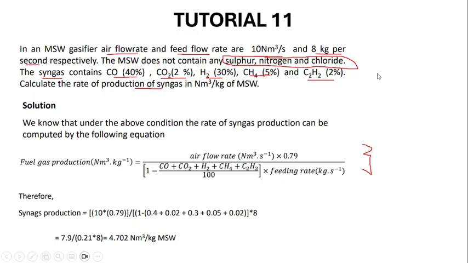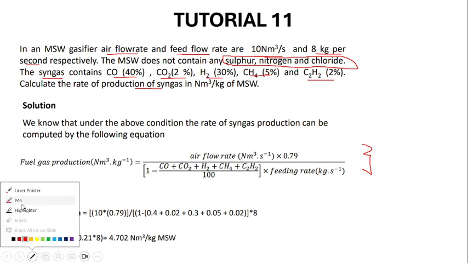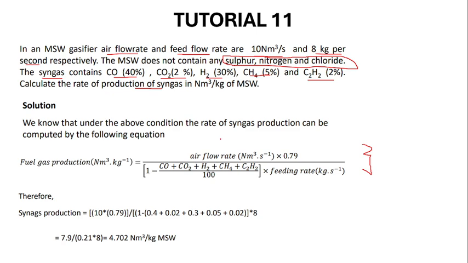Okay, we can substitute the values given in the question here. The data given in the question are 40%, so 0.4, 2%, so 0.02, 30%, so 0.3, 5%, so 0.05, and 2% of C2H2, so 0.02. And the feed flow rate is 8 kg per second, substituted here 8.